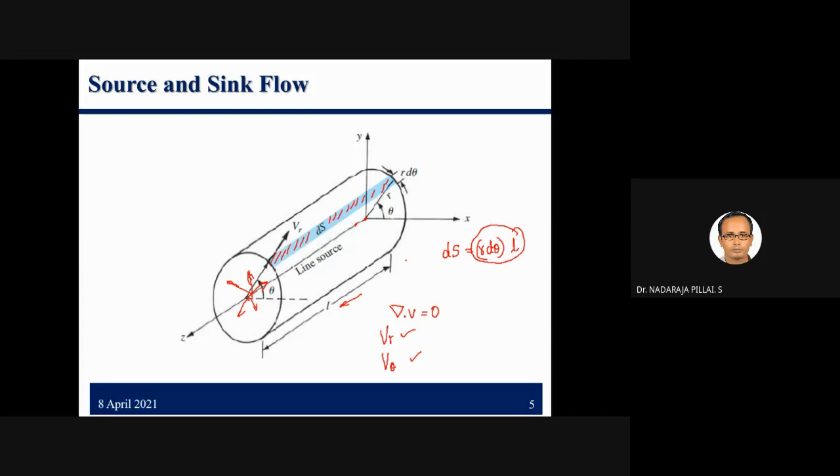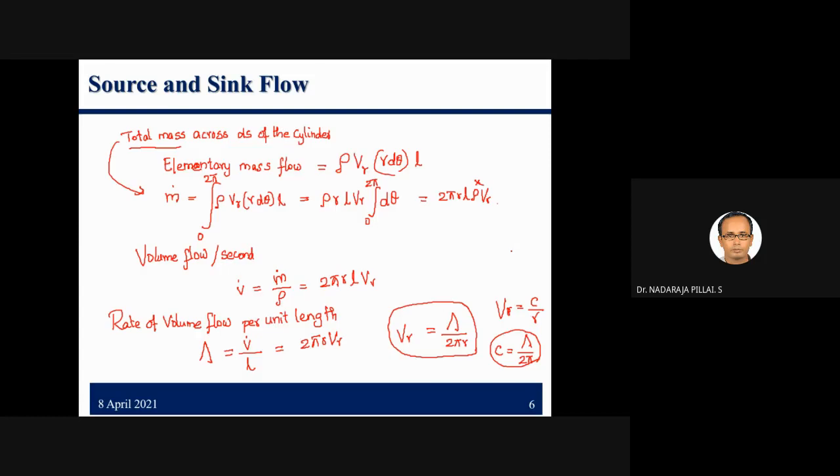And we want to see what is the flow per unit area. The area ds is defined as r dθ into L, where L is the depth of the cylinder.